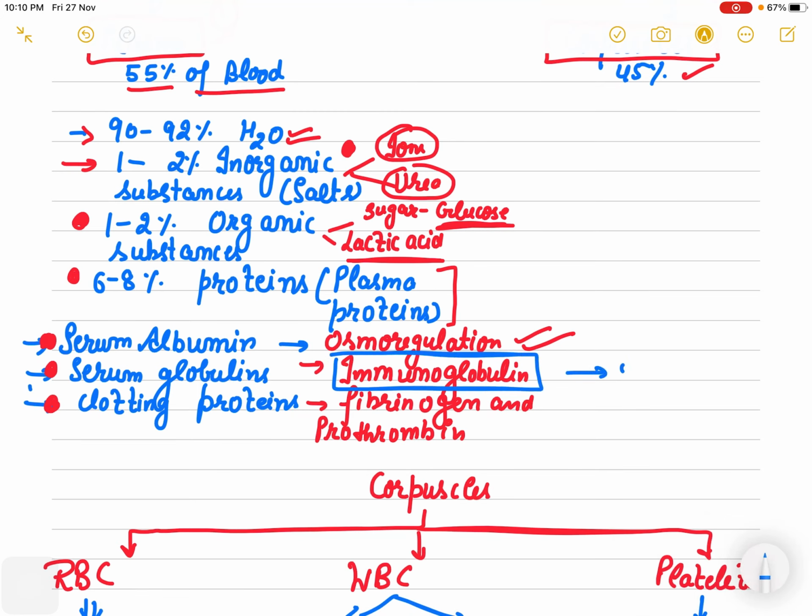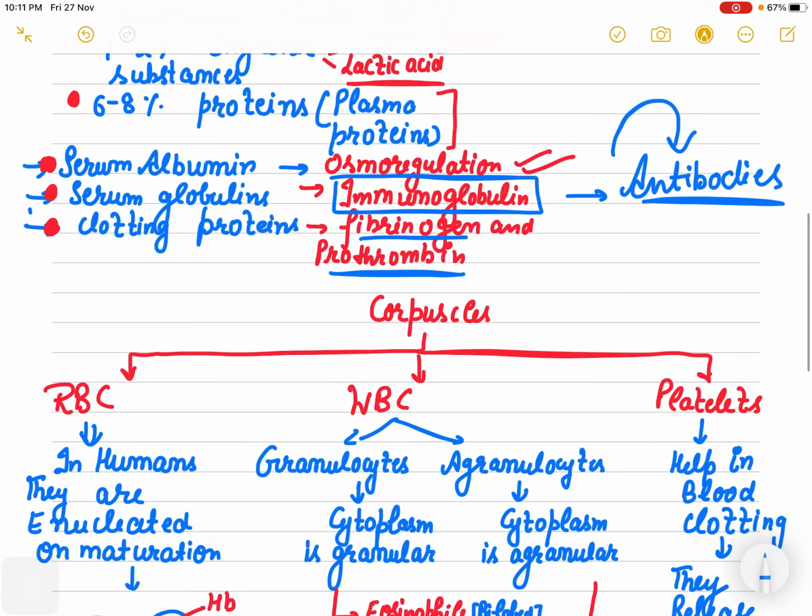They play a role as antibodies and provide immunity in our body. And in the clotting proteins, we have two main clotting proteins, fibrinogen and prothrombin, which help in blood clotting.